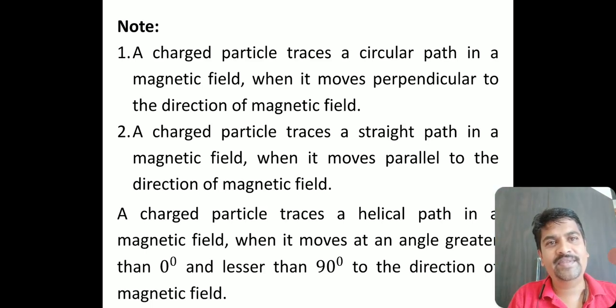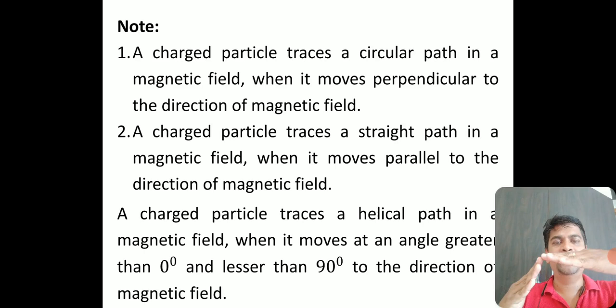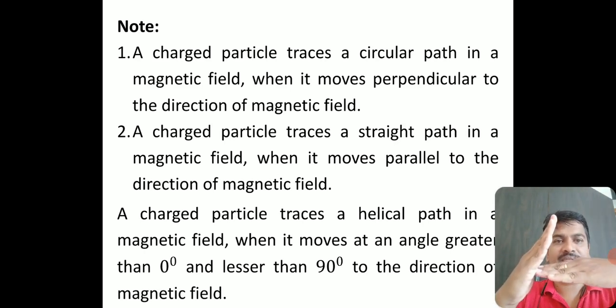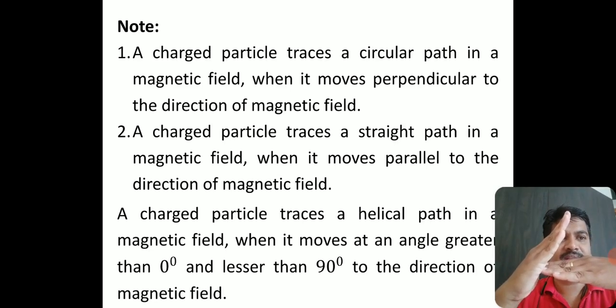One more, the third point to be noted here, is that a charged particle traces an elliptical, helical path in a magnetic field when it moves with an angle greater than 0 and less than 90 degree to the direction of magnetic field. If a charged particle is moving with some angle greater than 0 and less than 90 degree, say 30 degree, it will follow a helical path.